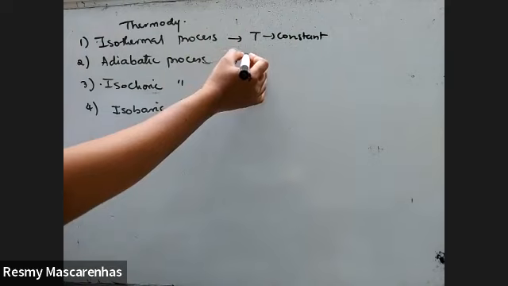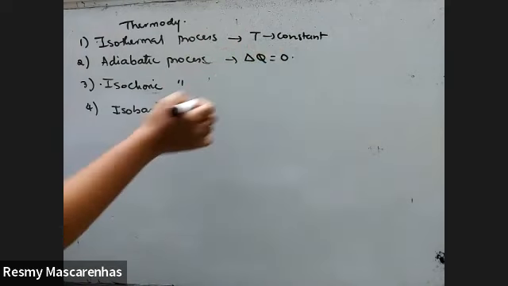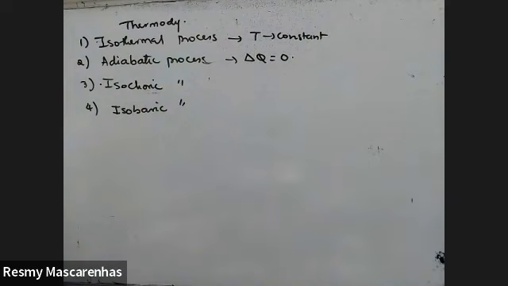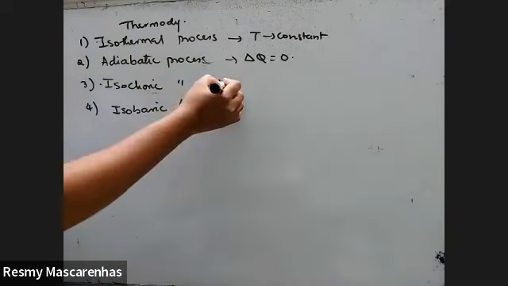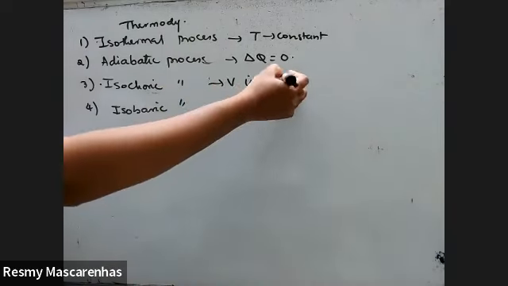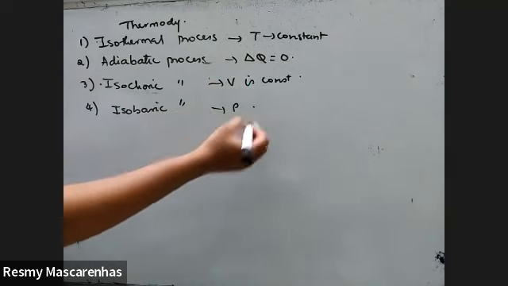In adiabatic, we do no exchange of heat with the environment. Isochoric will be volume is constant, and here in isobaric, pressure is constant.